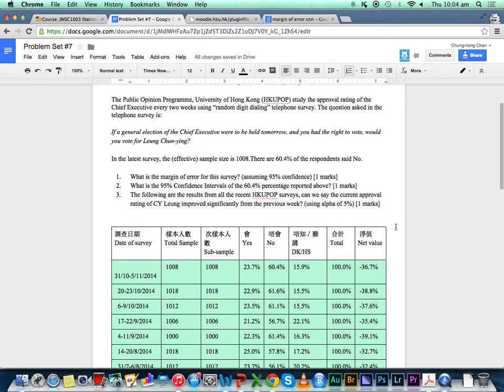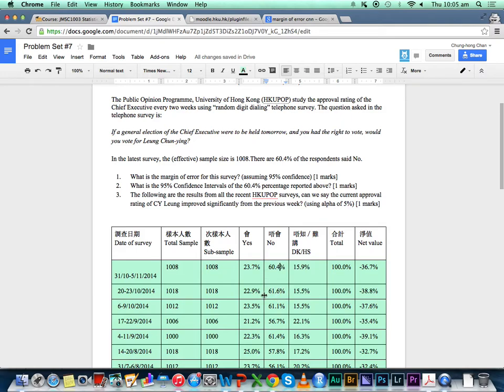You should know that this is not a significant improvement. There are two ways to answer this question. The first way is that this change is within the margin of error for this survey, so that the difference of only 1.2% is not larger than the sampling error.